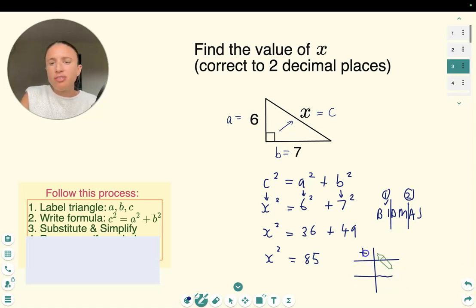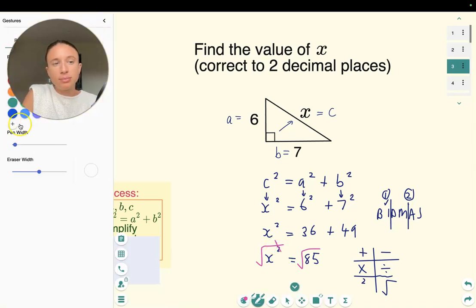What's the opposite of add? It's subtract. What's the opposite of multiply? It's divide. What's the opposite of square? Square root. So what we're going to do is square root both sides of the equation, and that's going to cancel the square.